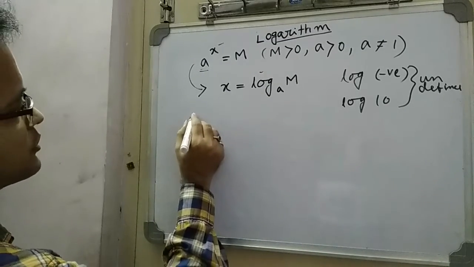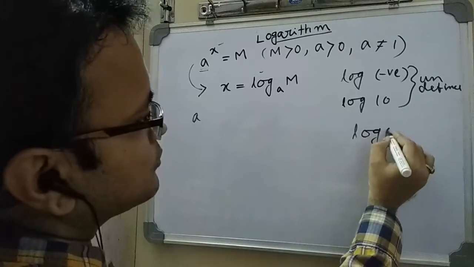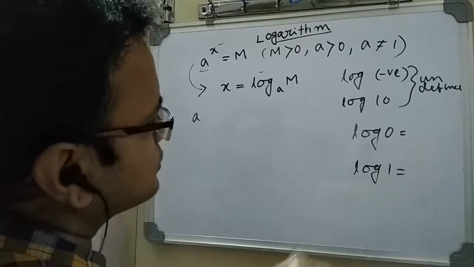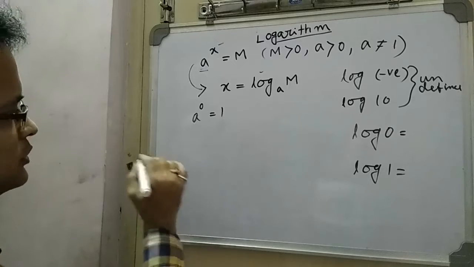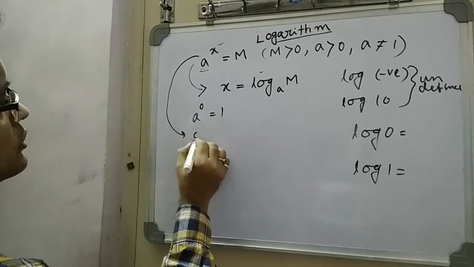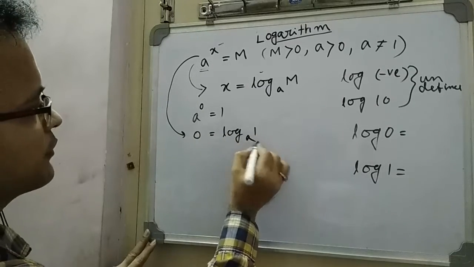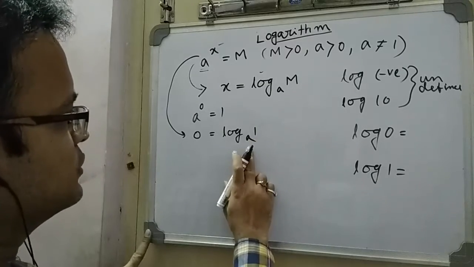Again from this definition we will derive two important values of logarithm, that is, log 0 is what and log 1 is what. A to the power 0 equal to 1 we know from indices. So from this definition we can write 0 equal to log of 1 base a. So log 1 to any base is equal to 0.